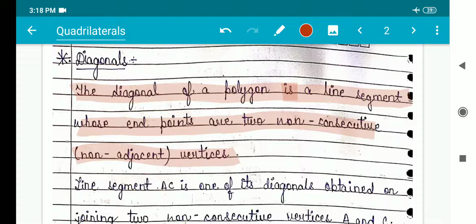So the diagonal is that line which does not connect that point with its neighbor vertex. A diagonal is when the line segment connects two non-consecutive vertices, that is, not neighbor vertices. So that line segment is called a diagonal.